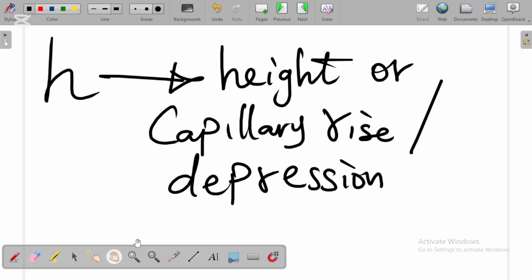So that's what H is called. It's either the rise of the capillary or the depression of it.